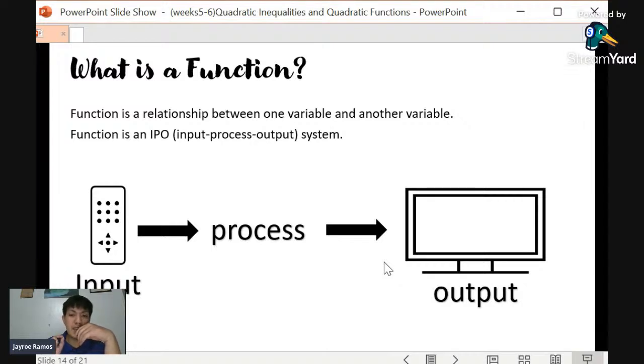In light bulb and in switch, ano ang input doon? Yung switch. Okay? And of course, kapag pinindot yung point na pipindutin mo yung switch, that is the input. And then of course, it will process. And then ang output, ano ang output? Kapag nag-ilaw na yung bulb, di ba? Pag nag-ilaw na yung bulb. Okay? Ang dami na, di ba?